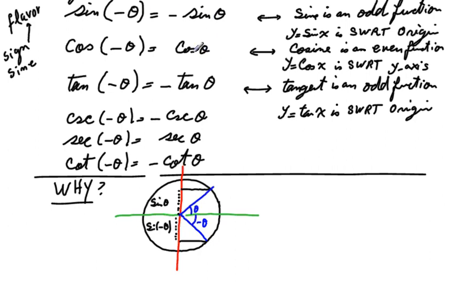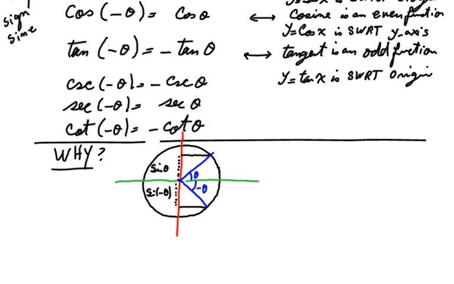How about cosine? For cosine, well, let me redraw this thing because the picture is going to get crowded. So if I have an angle, say positive angle theta, and then I have a negative angle minus theta.